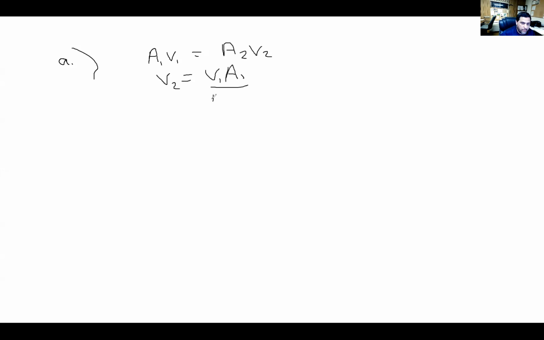V2 is V1 A1 divided by the other cross-sectional area. They're circular pipes, so it would be V1 times pi R1 squared over pi R2 squared. Pretty much at any time you can cancel the pi's out. That would be up to you, or you can carry them through.